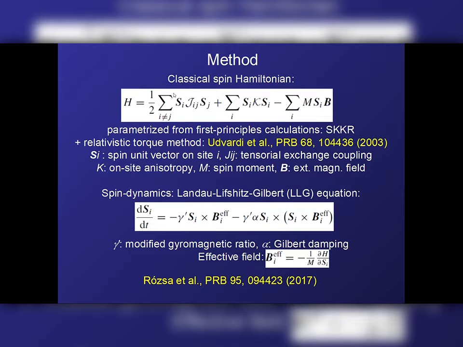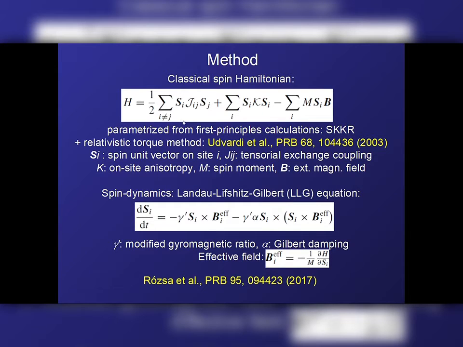So first we need magnetic structures, and for that we need a classical spin Hamiltonian, which we use, where we have two spin interactions with tensorial exchange, on-site anisotropy and Zeeman energy.